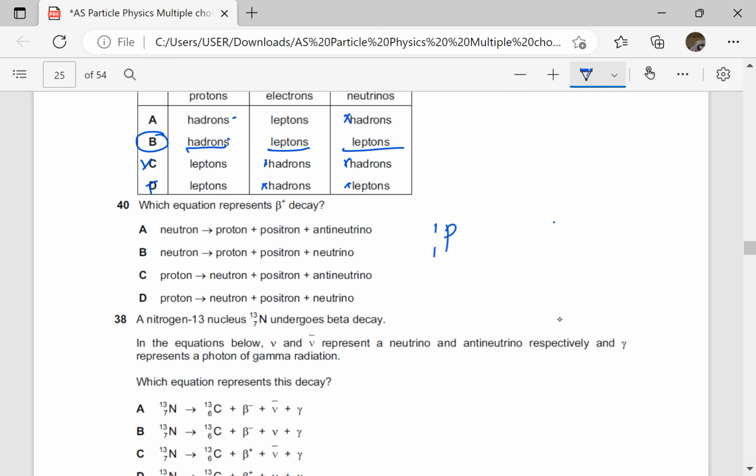It is a proton (p, 1, 1) decaying into a neutron (n, 1, 0) plus a beta plus, which is (0, +1). This is accompanied by a neutrino. This is a positron, which is accompanied by a neutrino. So a proton changes into a neutron. These two are wrong because it's a proton changing into a neutron. To give us a positron, which is accompanied by a neutrino, the answer is D.